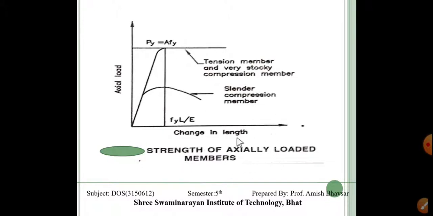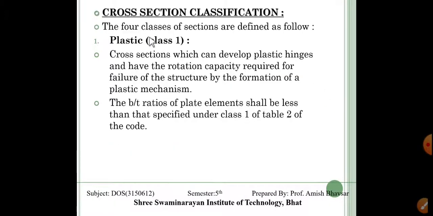This is the strength of an axially loaded column. The slender compression member fails somewhere over here. Then, for the stocky member, the squash load may be taken by it.